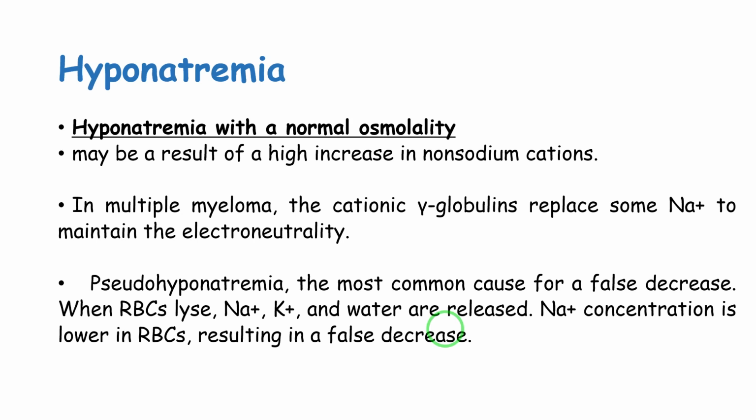Pseudohyponatremia is another cause of hyponatremia, but you have a normal osmolality when there is, for example, RBC lysis in the blood sample, and this will lead to release of the water inside the cell together with the potassium and sodium, and the water concentration inside the RBC is usually lower than its concentration outside, and this will lead to a false decrease in the level of sodium with a normal osmolality.